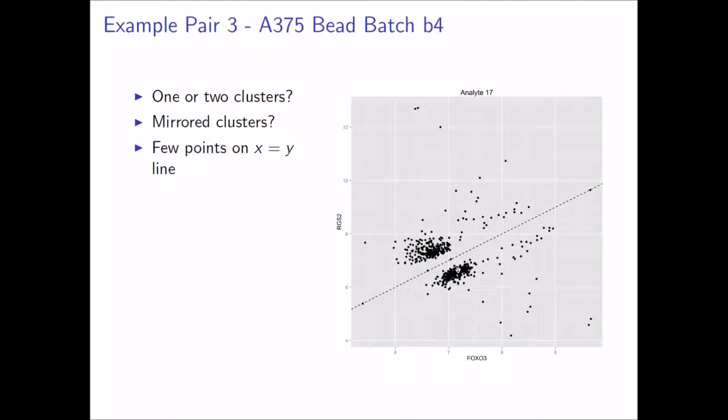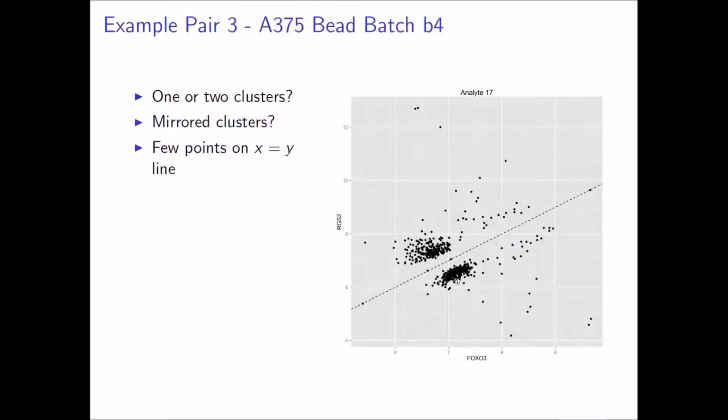So my question here is, is this one cluster that goes across the line, or is it actually two clusters, and are some of these flipped? Like I said, I don't know enough about the biology side of things to know what to expect.